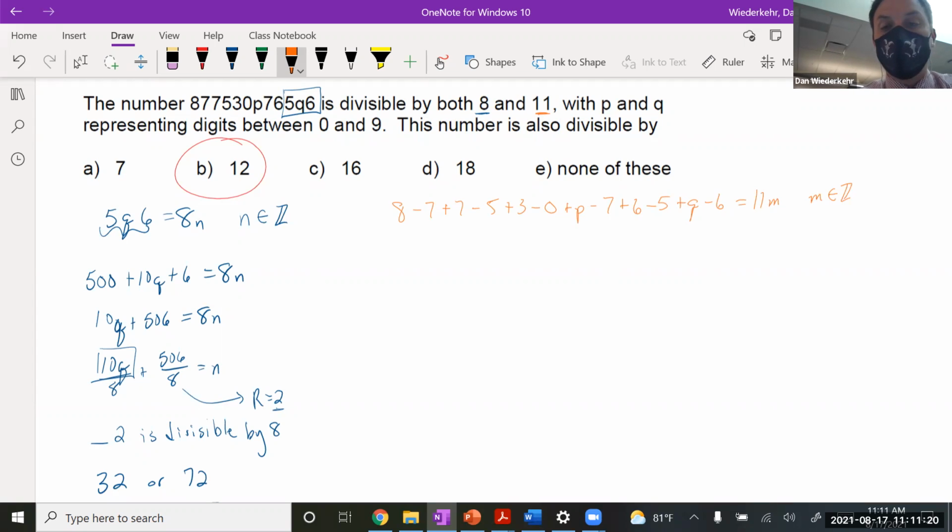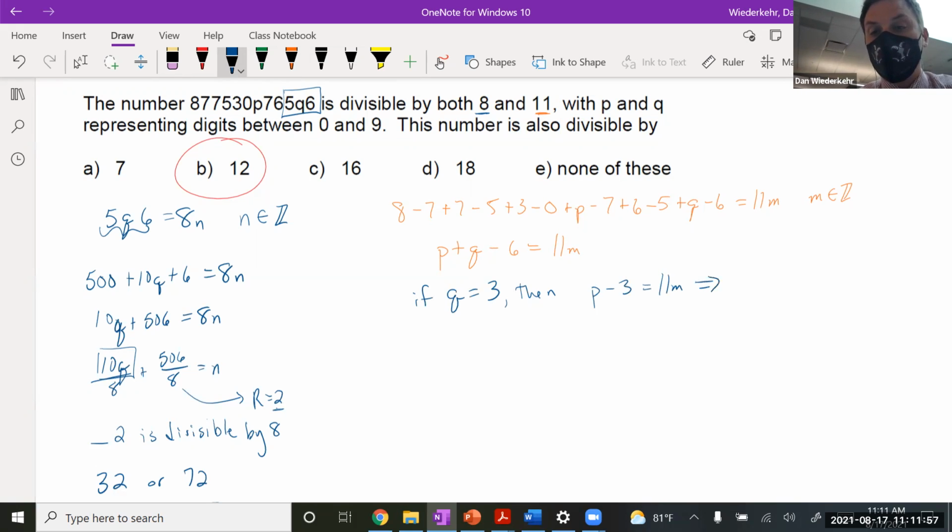Now, if we total up all those whole numbers, we get a negative 6. So this simplifies to P plus Q minus 6 is equal to 11M. And let's simplify that even a little bit farther, because we now know we have 2 options for Q. So if Q is equal to 3, then plugging in 3 for Q, P minus 3 is a multiple of 11.